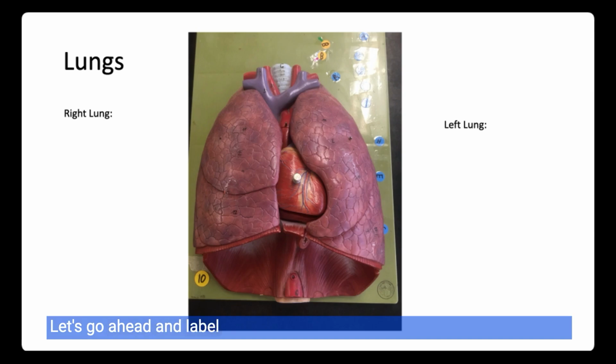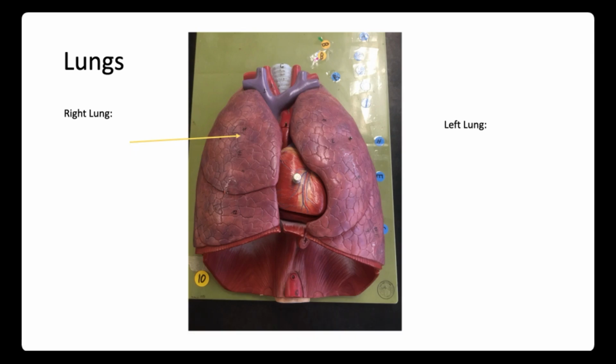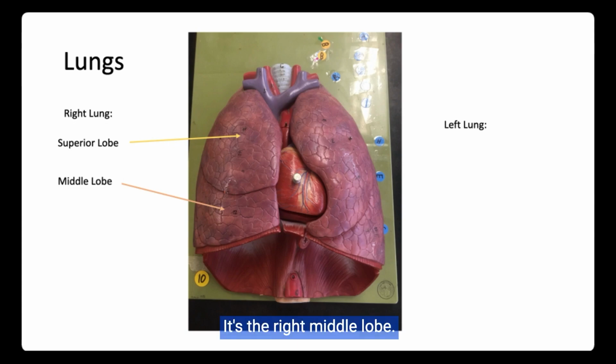Let's go ahead and label some of these landmarks on our lungs right here. That's right. Superior lobe, right superior lobe. How about right here? Yes. Middle lobe. It's the right middle lobe. How about here? Right on. Inferior lobe.